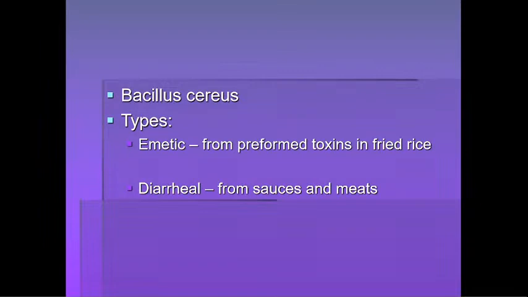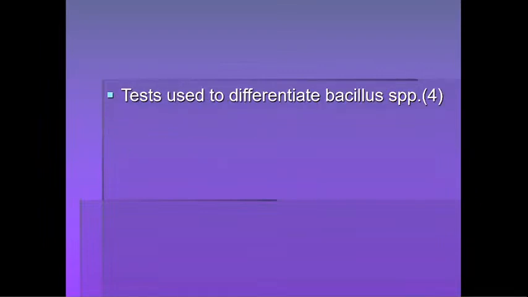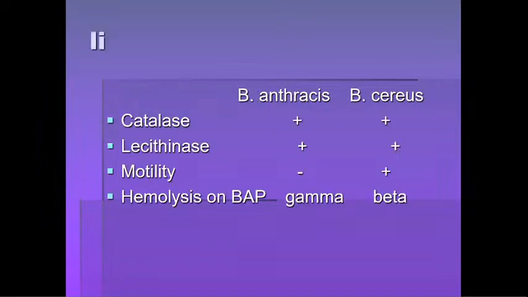The tests to differentiate species of Bacillus include four tests: catalase, lecithinase, motility, and hemolysis on blood agar plates. Bacillus anthracis would be different because it's not motile and it does not produce any hemolytic pattern. But Bacillus cereus is beta hemolytic and it is motile.